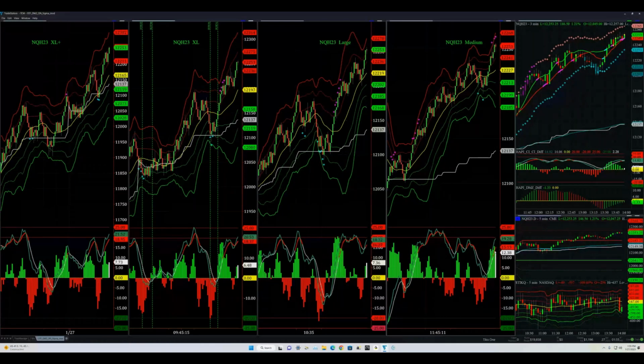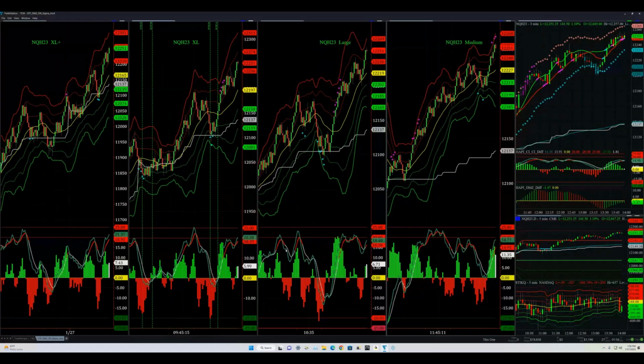Just another visual indicator of overbought, oversold. I use the lines personally. I think the lines themselves, these two horizontal lines, work better than just the color. But the color is a nice visual cue for when you're getting in that area of overbought, oversold.